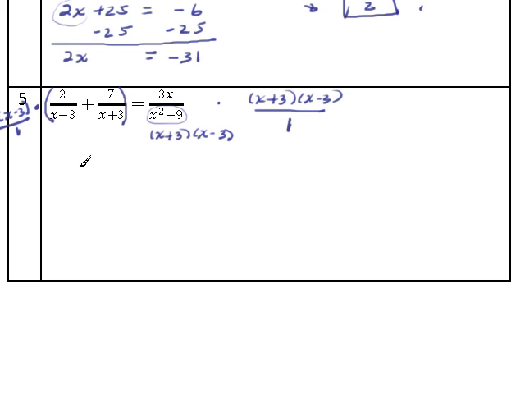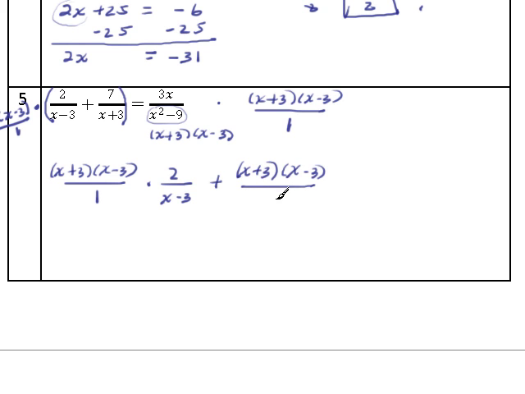All right, now distributive law. And on the right-hand side, we are just going to cancel, and we'll be left with 3x. We'll do that canceling right away.